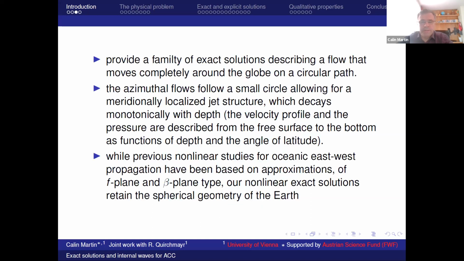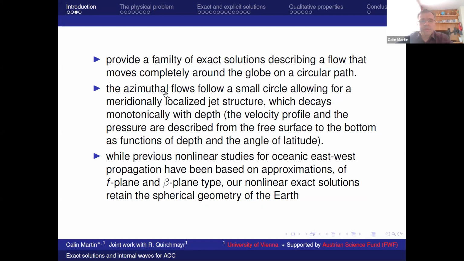The main aspect of this talk will be the derivation of a family of exact solutions describing a flow that moves completely around the globe on a circular path, and such a property, as we saw, is characteristic for ACC.